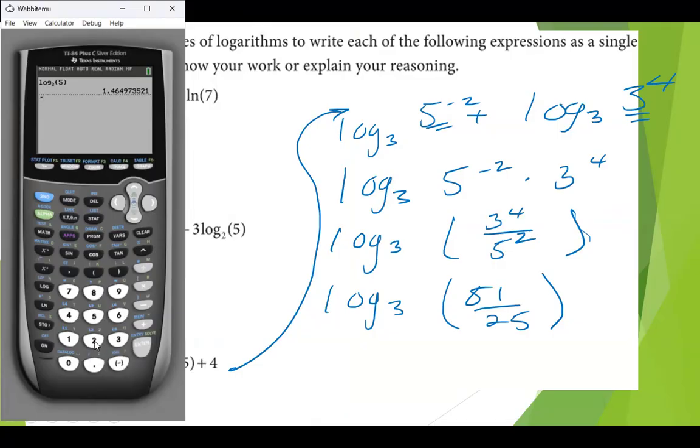So I had negative 2 times, was it a 5? Yes. Plus 4. And that's what we got. Now, after we went through and simplified, we have log base 3 of 81 over 25.